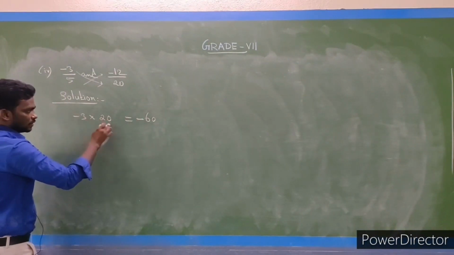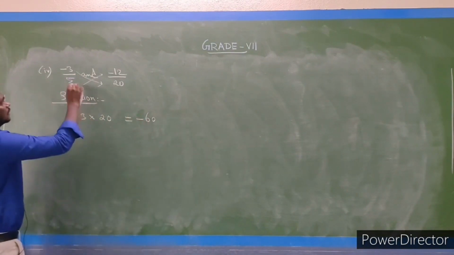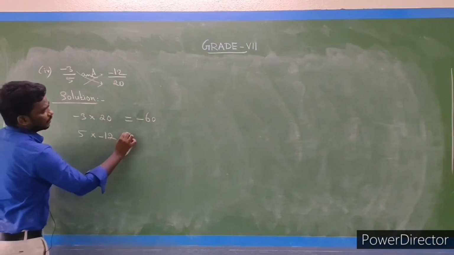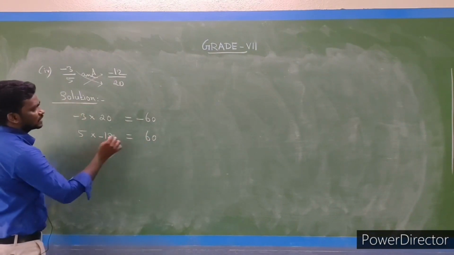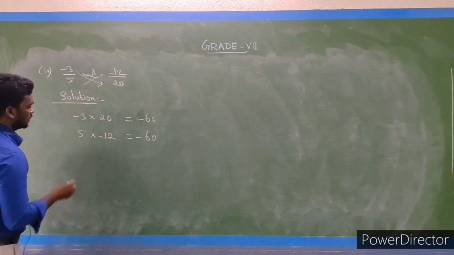Next, 5 into minus 12: 12 fives are 60, and plus into minus gives minus 60. Therefore, the given pair represents the same rational number.